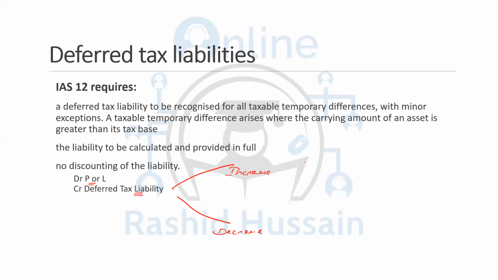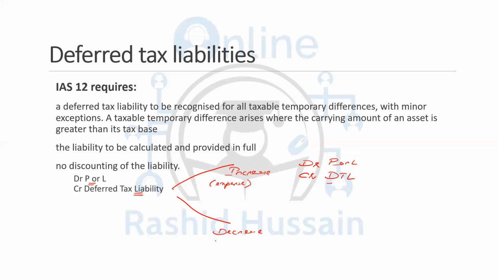Now, if there's an increase in the deferred tax liability, the liability should be credit, deferred tax liability credit, debit profit or loss. That means an increase in the deferred tax liability should be reported as an expense. So debit expense, credit liability.